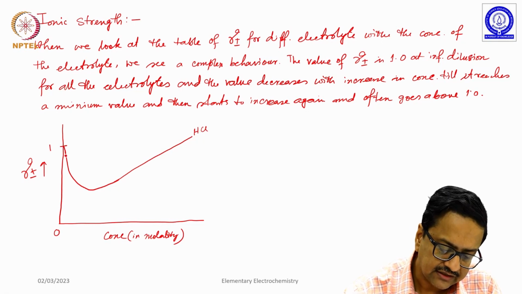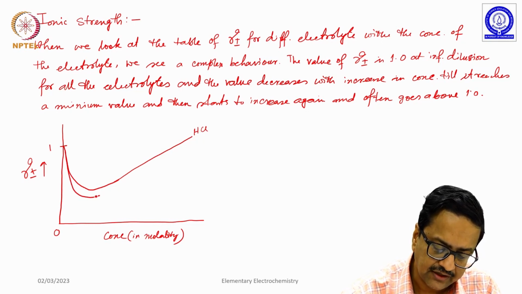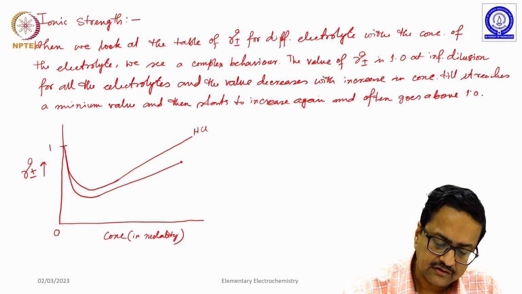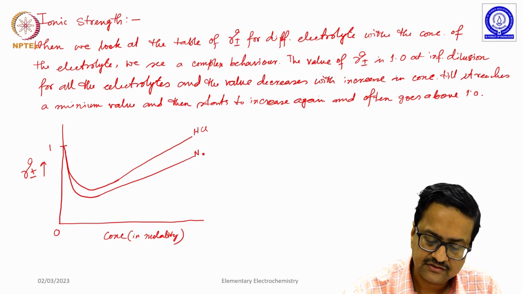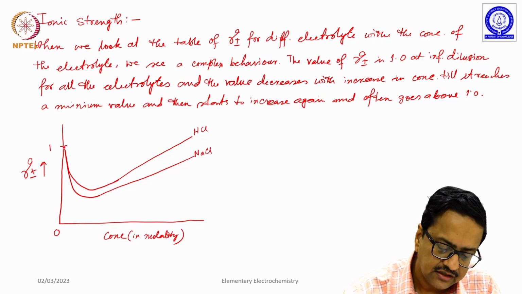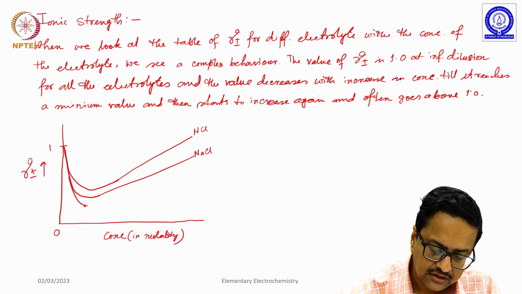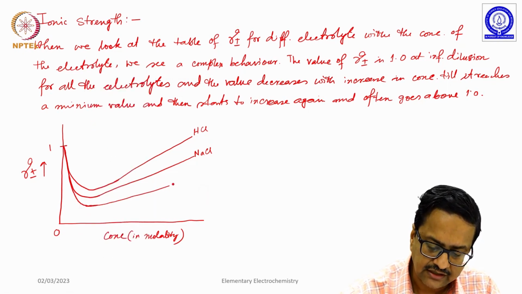For NaCl, it follows nearly the same as HCl to a certain value, and then it deviates from the value of HCl. So, this is for NaCl. A similar trend is observed for KCl, but then at some point it again deviates from NaCl as well.